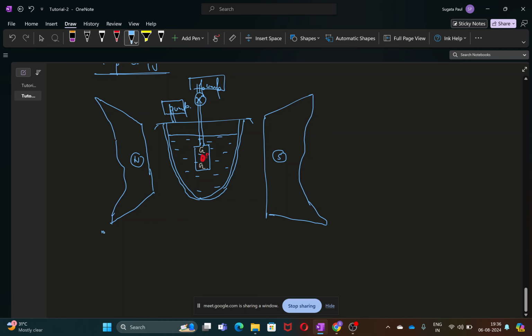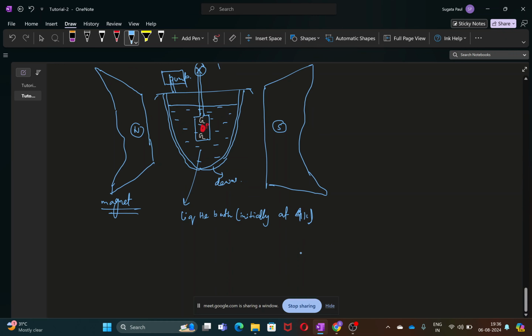This is the magnet that applies your external magnetic field. These can be electromagnets, or sometimes superconducting magnets to generate even higher magnetic field values. So this is your dewar with insulation in the wall, and this is your liquid helium bath initially at 4 Kelvin, the liquefaction point of helium.